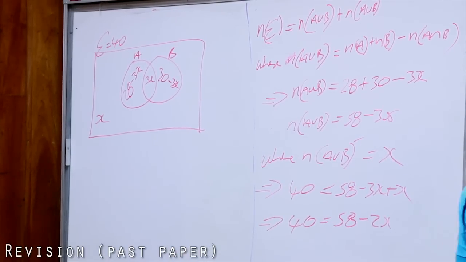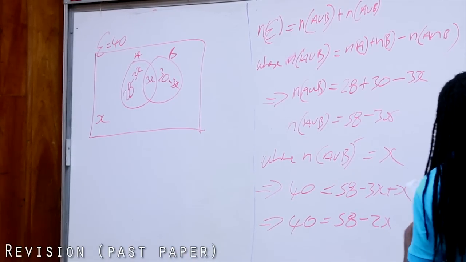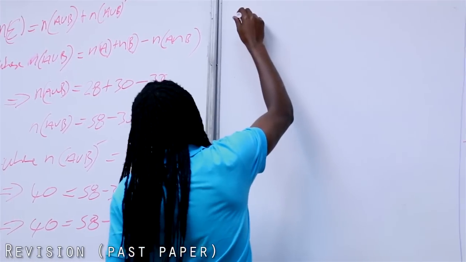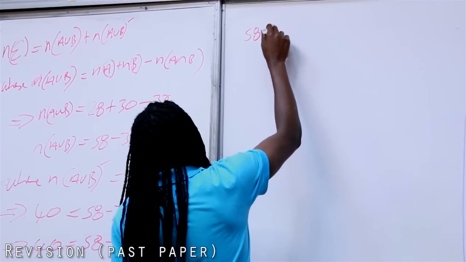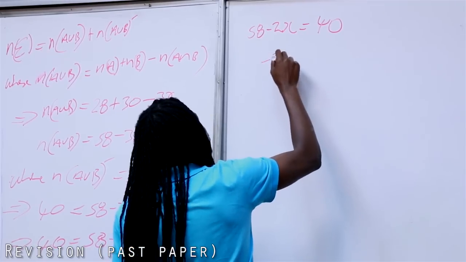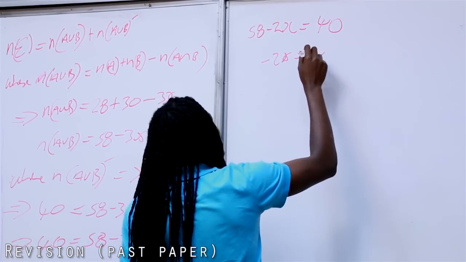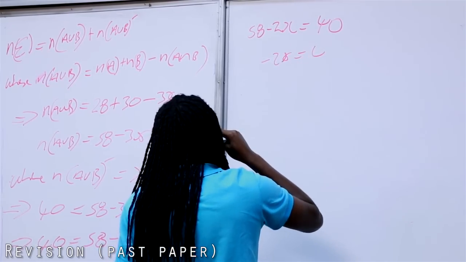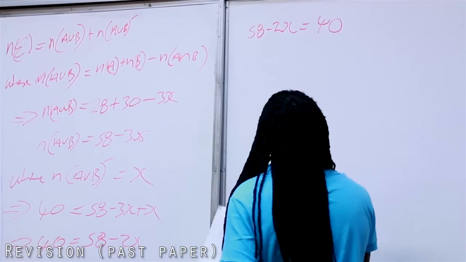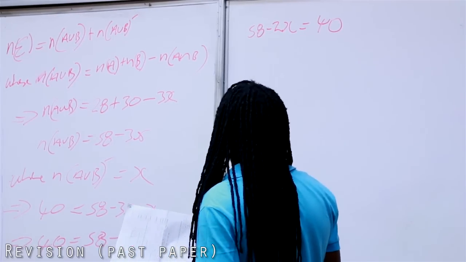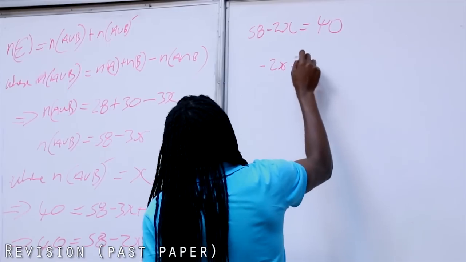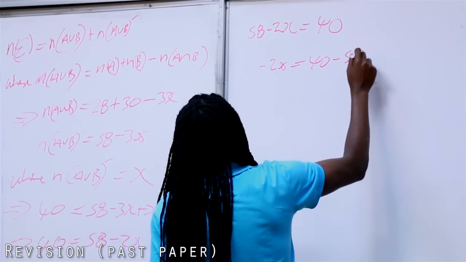Thank you very much. They want it in x. That means 58 minus 2x equals 40. Minus 2x equals 40 minus 58.